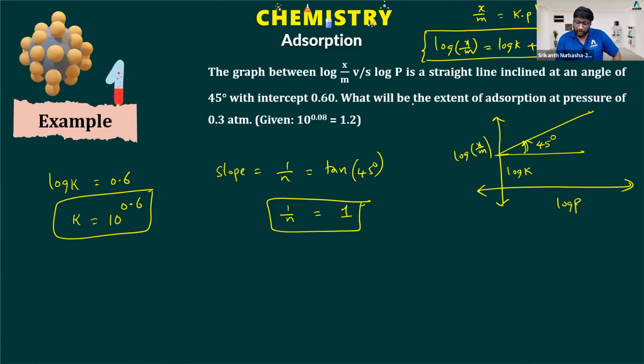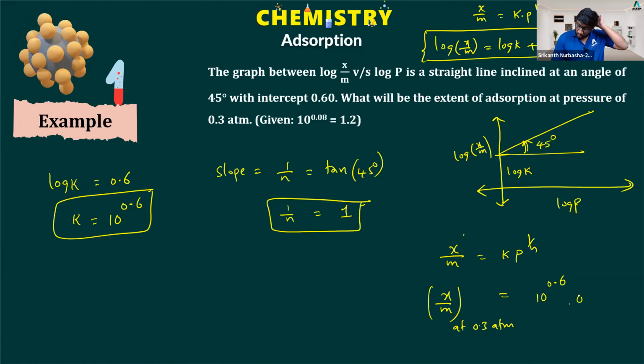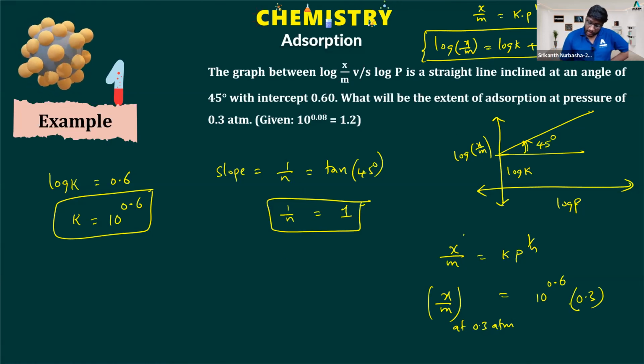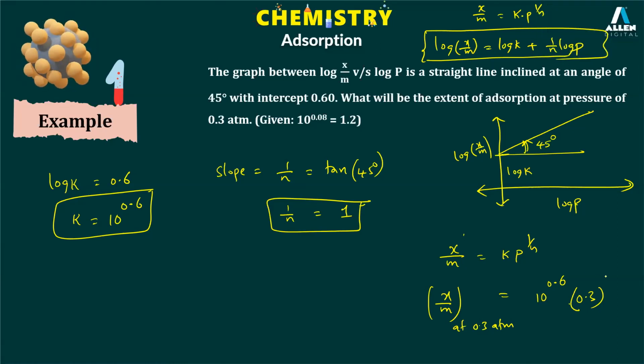And they are asking what will be the extent of adsorption at a pressure of 0.3 atmosphere. x by m is equal to k into p power 1 by n. So x by m at 0.3 atmosphere is equal to the k value 10 power 0.6 into p, 0.3, whole power 1 by n. 1 by n is how much? 1 by n is 1.